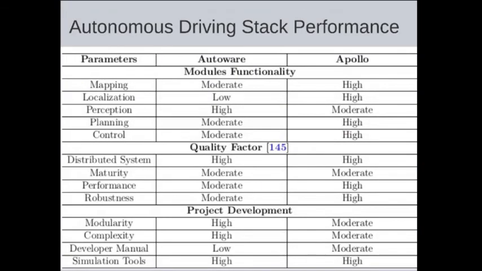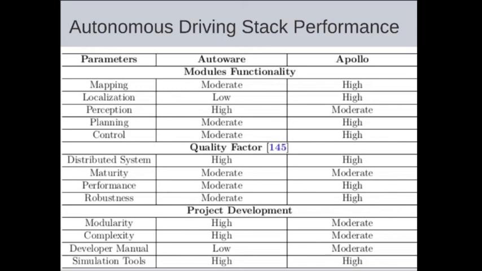I have made a table based on an article that has also studied the Autoware and Apollo frameworks. This number is from my thesis, so you can check later which article I have used. I have compared the mapping, localization, perception, planning and control modules, and I say which one is better.